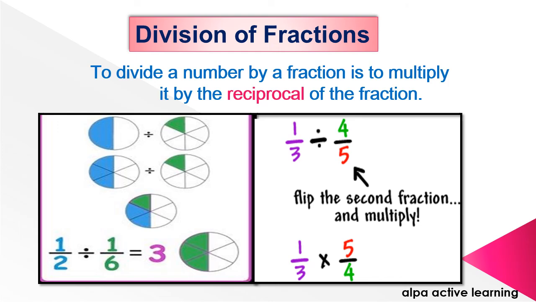We have to invert it, reverse it, flip it. That means the numerator becomes the denominator, and the denominator becomes the numerator. And so now you can see 1/3 into 5/4. Now children, it's very easy. 5 ones are 5, 4 threes are 12 is your answer.